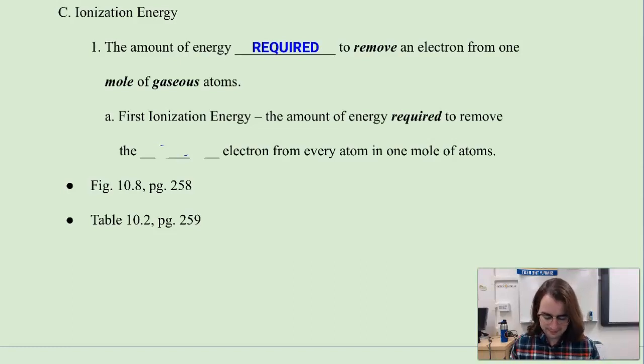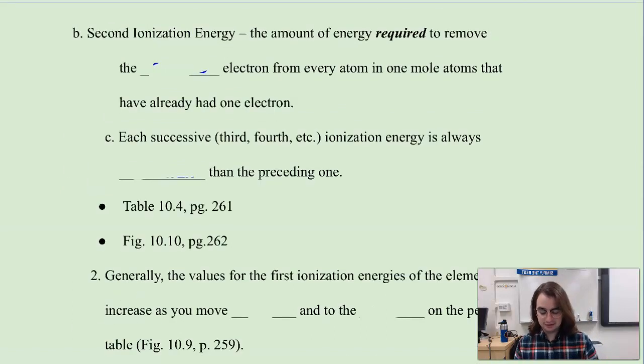Now, the first ionization energy is always the easiest one to overcome. We can always pluck off 1 electron. Sometimes it's hard, but if we are talking about ionization energies, the first ionization energy is always the lowest. As we continue, we notice that the second ionization energy requires even more energy. The trend is that each successive energy requires more and more than the preceding.